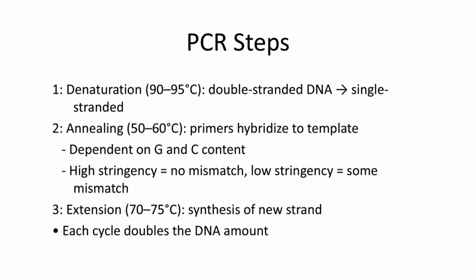High stringency prevents mismatches, while lower stringency allows for some mismatching. This step controls the specificity of binding. 3. Extension, at 70 to 75 degrees Celsius, is where the polymerase synthesizes the new DNA strand. Each cycle of these steps results in a doubling of the DNA present.